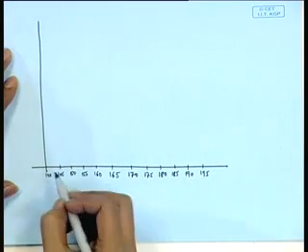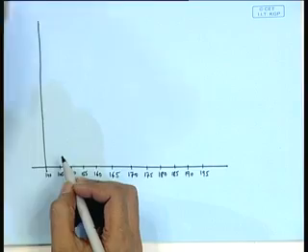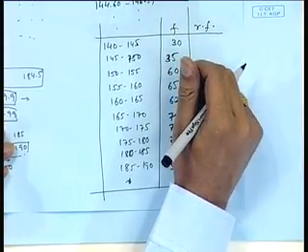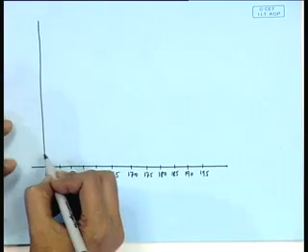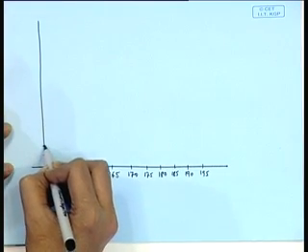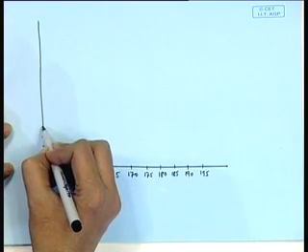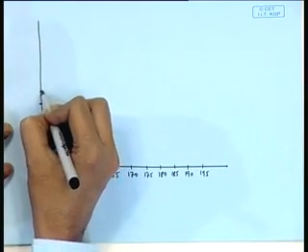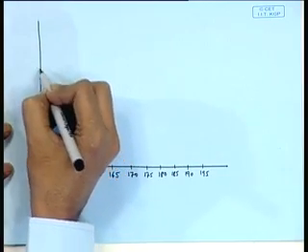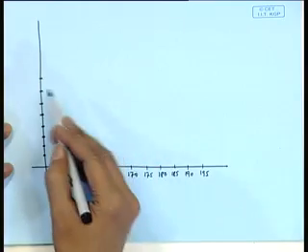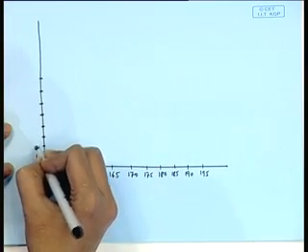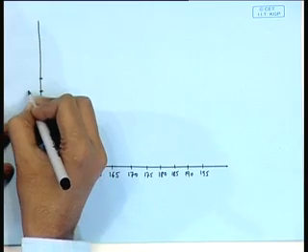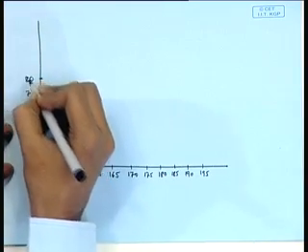Here we have to make the scale first. We look at the values which are there, 30, 35, 60 and so on. So, if we make a scale like 10, 20, 30, 40, 50, 60, 70, 80, the maximum value is 80. So, we may draw like this.